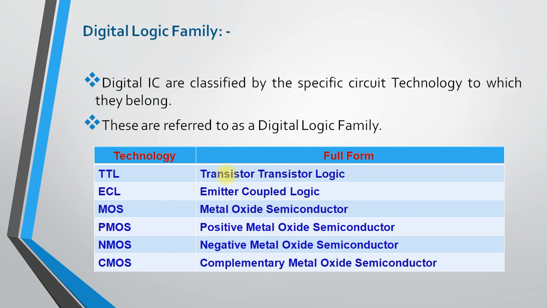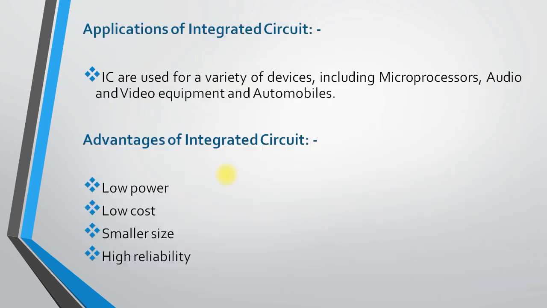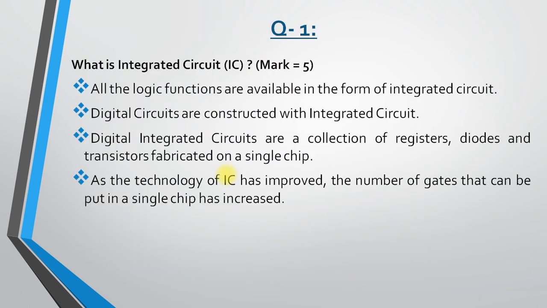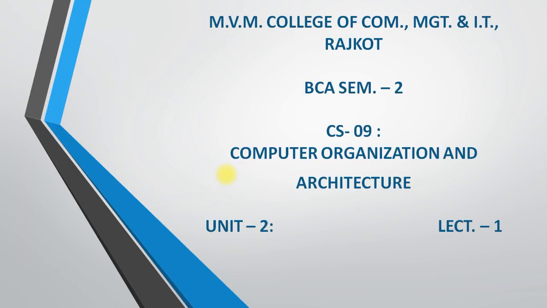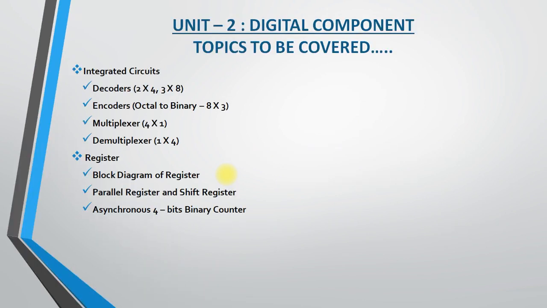Let me switch to the first slide of this session. We begin with the lecture number 1 of unit number 2. In this particular unit, we are going to complete these topics, that is integrated circuit, which contains decoders, encoders, multiplexers and demultiplexers.